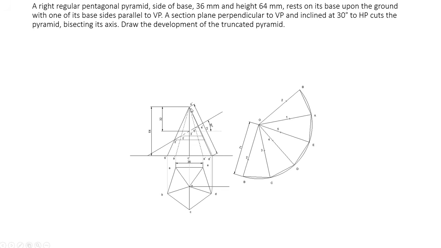Okay, now here the point 2 is on the line OB. So the distance from here to here is the true length corresponding to the point 2 dash.